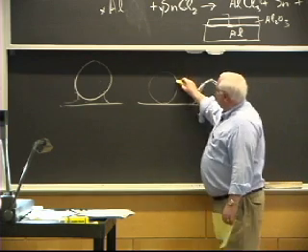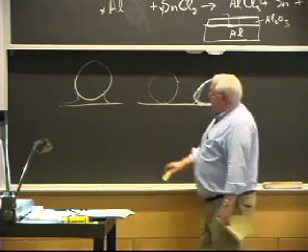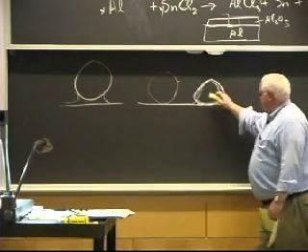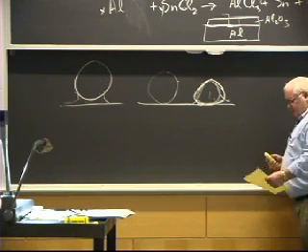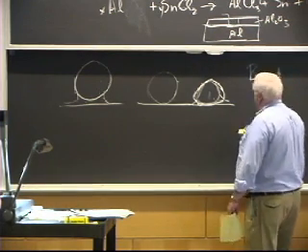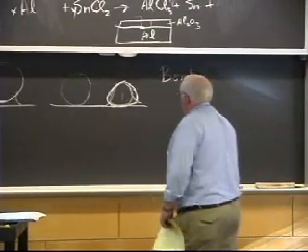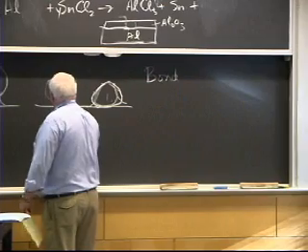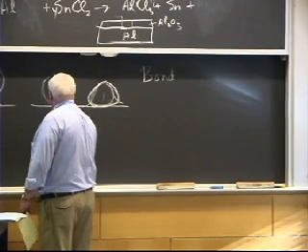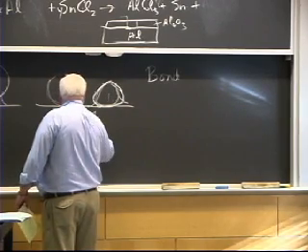What's the ratio of surface tension forces to gravity forces? Here it's the surface tension of the particle trying to make it a sphere versus the gravity forces trying to pancake it. It turns out there's a dimensionless number called the Bond number, and that's someone's name. It has nothing to do with bonding per se. The surface tension force, the force on this particle trying to make it a sphere, is 2 gamma over r.